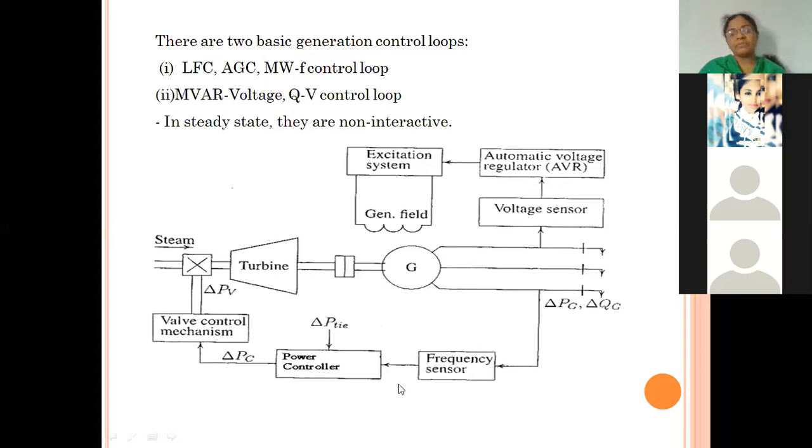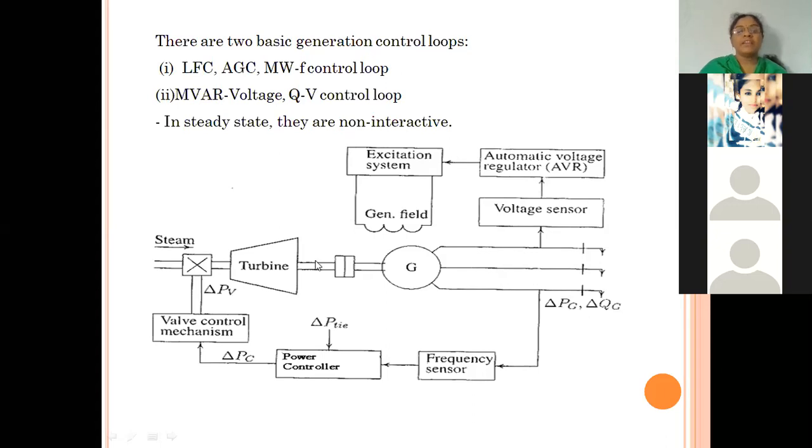If there is a fall in frequency, the generation has to be increased. How are you going to increase or decrease the generation? With the help of the steam input. If you want to increase the generation, the steam input has to be increased. If you want to decrease the generation, the steam input has to be decreased.